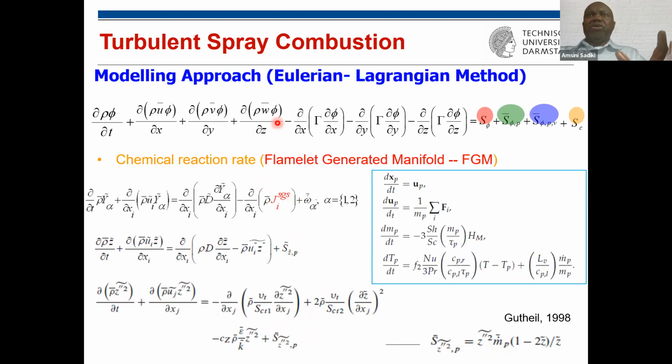From here, we have the continuity equation and the momentum equation. And then we have this set of additional equations. We can also have the enthalpy equation if we deal with, for example, premixed combustion.